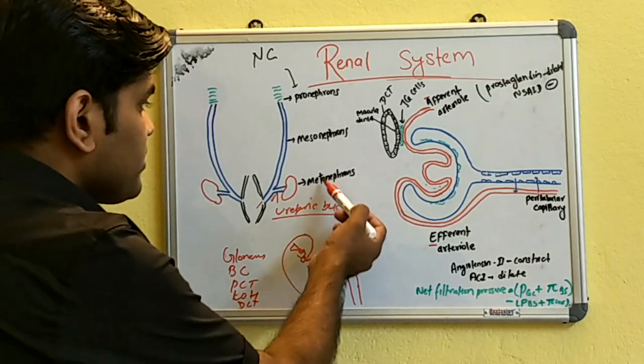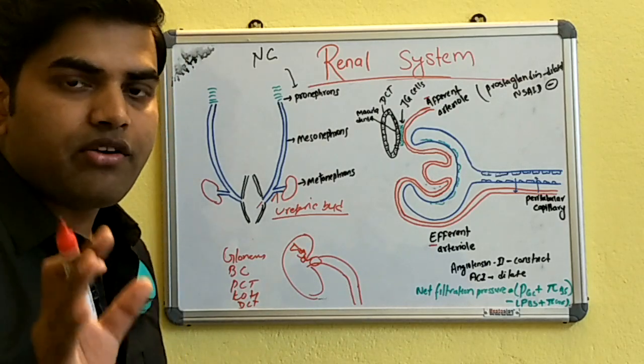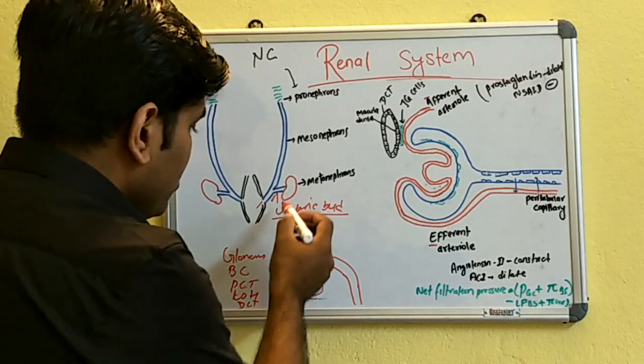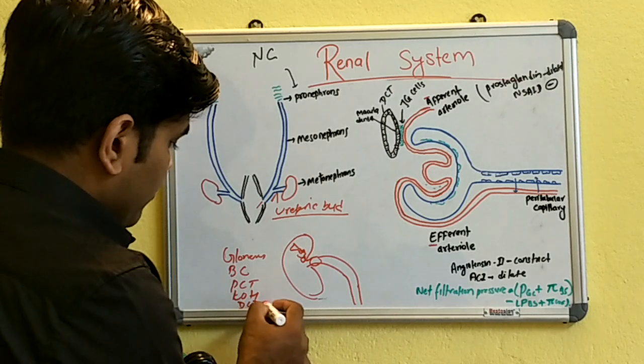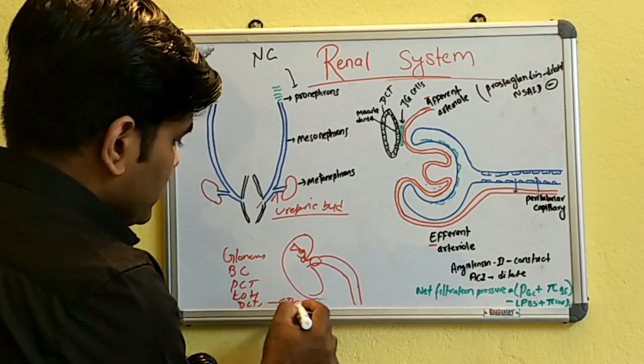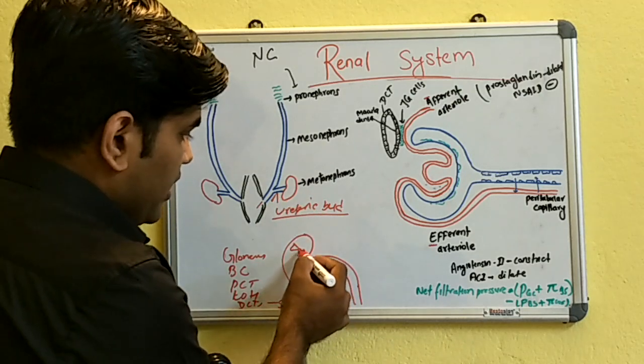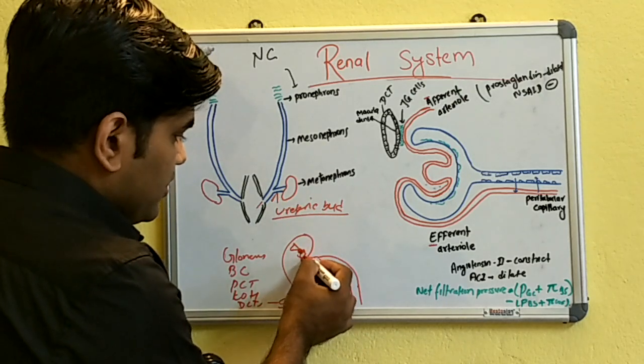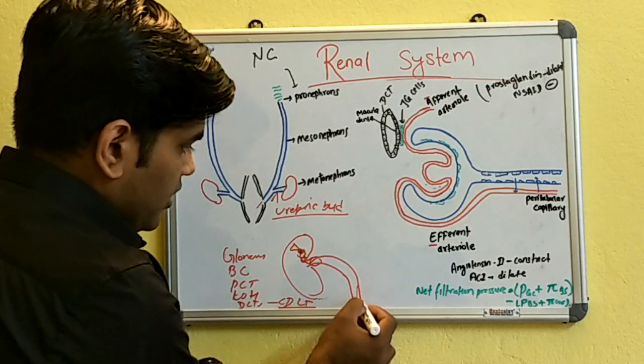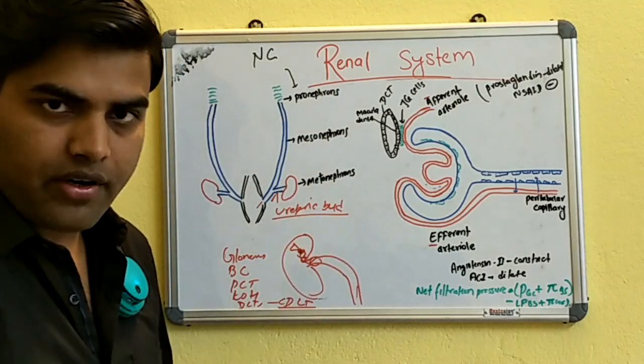So these are formed by the metanephric blastema or metanephric mesenchyma. Whereas the ureteric bud will form the other part, like after the distal convoluted tubule there are the collecting ducts and collecting tubules, and the other parts, that is minor calyx, major calyx, ureter, all will be formed by the ureteric bud.